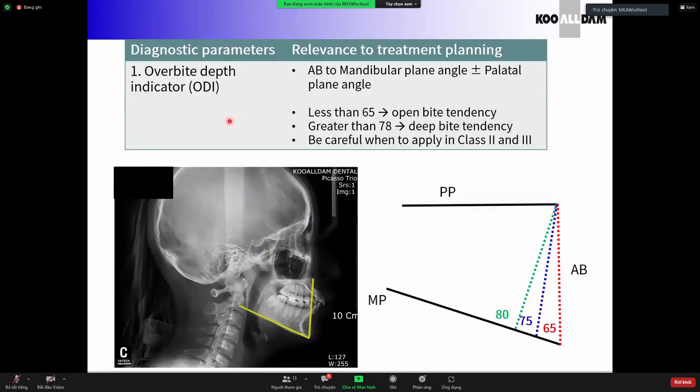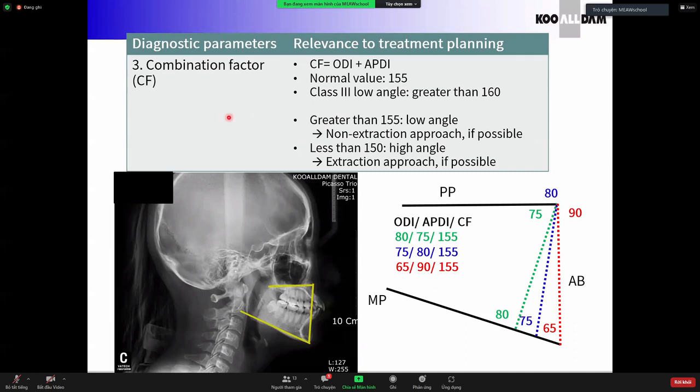The second factor is ODI. ODI is the sum of the AB to mandibular plane angle plus the palatal plane angle. So this angle. You should remember this and the combination factor. The combination factor is the sum of ODI and APDI. The normal value is 155.